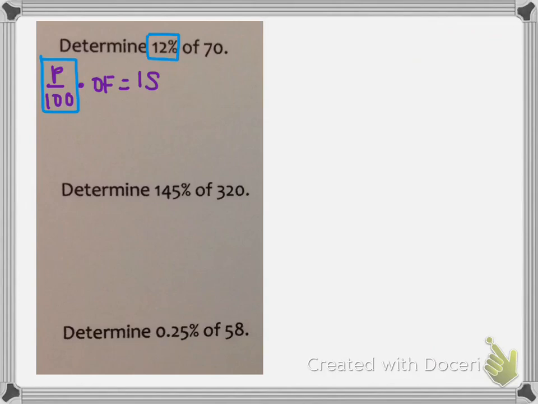We're going to put the 12 over 100 to write it as our fraction. So we can do 12 over 100 times, and then we need to figure out what the of is going to be. What number represents of? Well, if you look at our problem here, the word of is right next to the number 70. So 70 is the whole. So 70 is going to fill in where that of was.